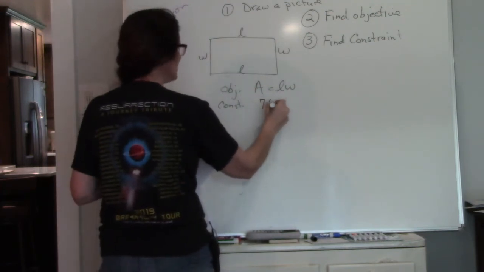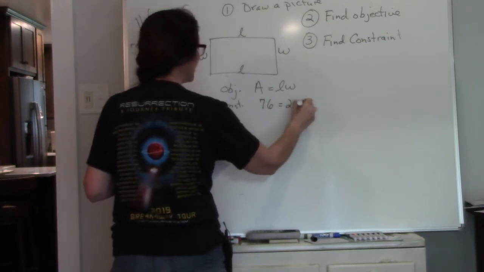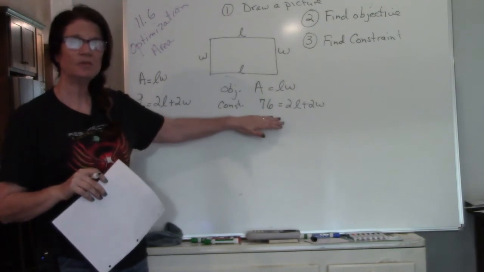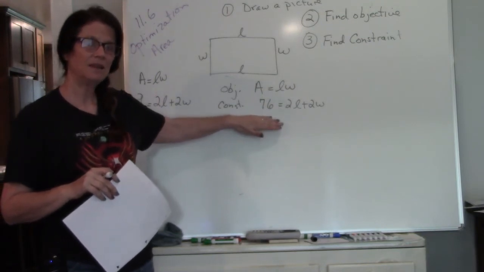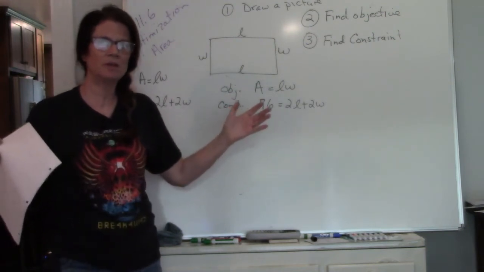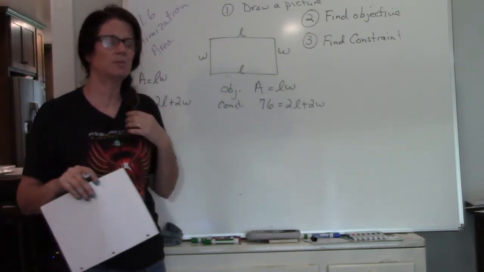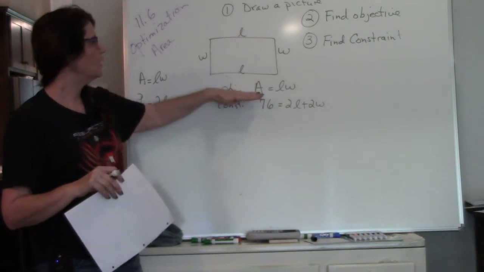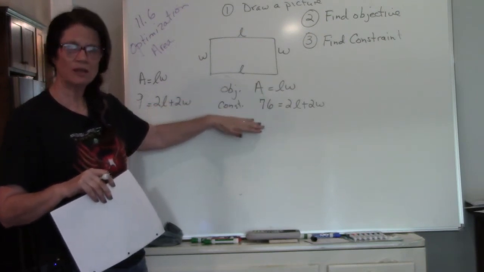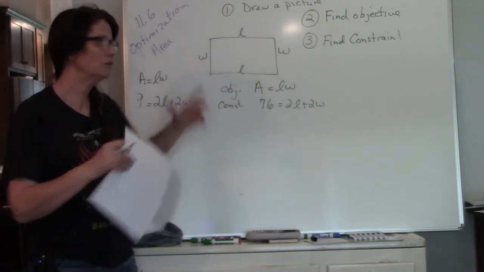So 76 feet equals 2 times length plus 2 times width. That's my constraint. That's what's going to limit me in terms of what my maximum area is. I don't have an unlimited amount of length and I don't have an unlimited amount of width. Okay, so objective, write your objective function first, then write your constraint.